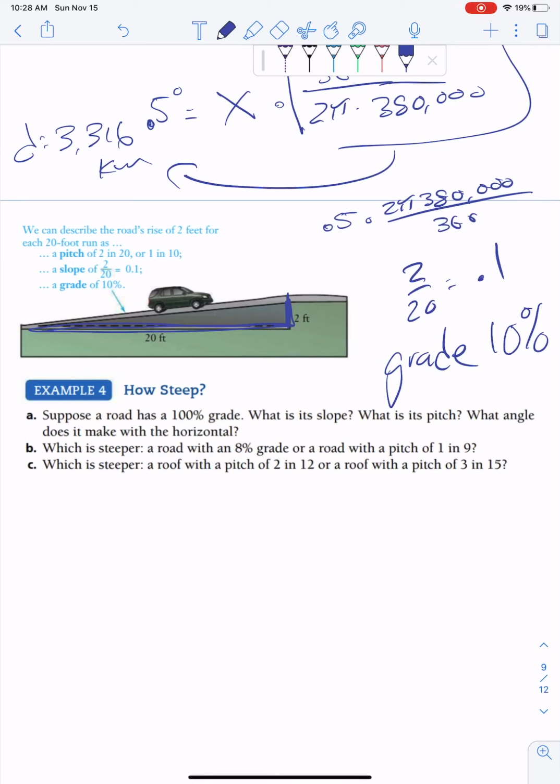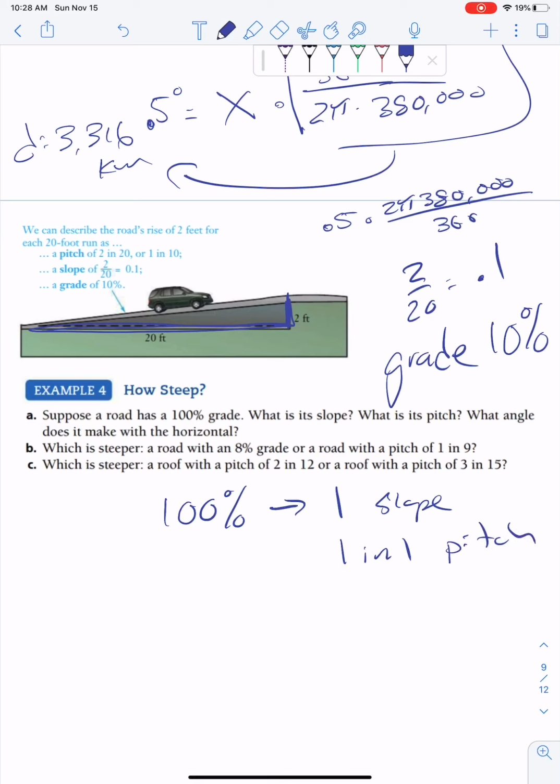That's it. So suppose a road has a 100% grade. What is its slope? Okay, well, 100%, if I turn that into a decimal, it's 1. So it has a slope of 1, which means its pitch is 1 in 1.